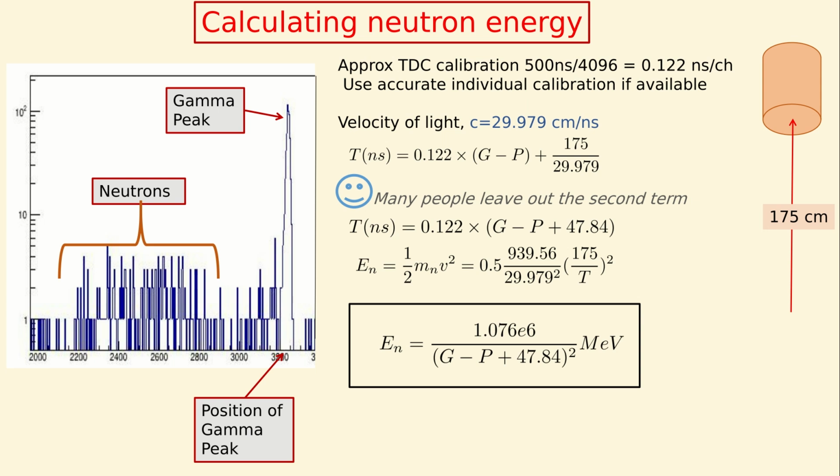The time in nanoseconds I have given in the previous equation. So this is your final result, the one which is shown in the box. This is what I have coded: 1.076 times 10 to the power 6 divided by the gamma ray position minus the channel number of the neutron, plus 47.84 coming from the finite time of flight of the photon, and this will be the result in MeV.